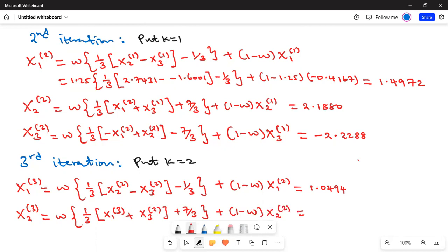When you substitute those values, you need to get 1.8782.